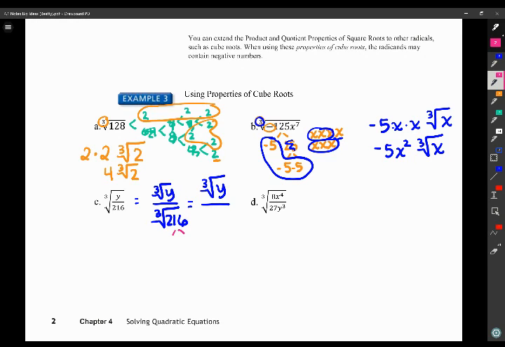So we could start with 2. So if I go 216 divided by 2, and I choose 2 because I know that it's even. If you want to just do guess and check, you can do that as well. That's just a little bit more work. But 2 times 108. And then if we look at 108 and we remember that that's 9 times 12, great.